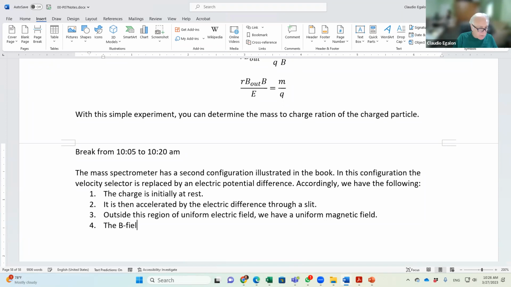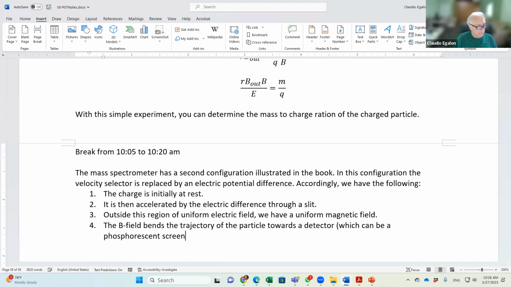The B field bends the trajectory of the particle towards a detector, which can be a phosphorescent screen.